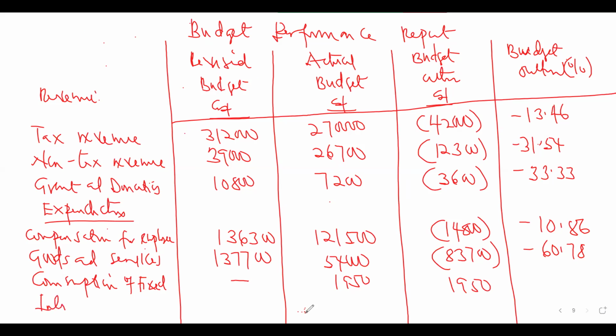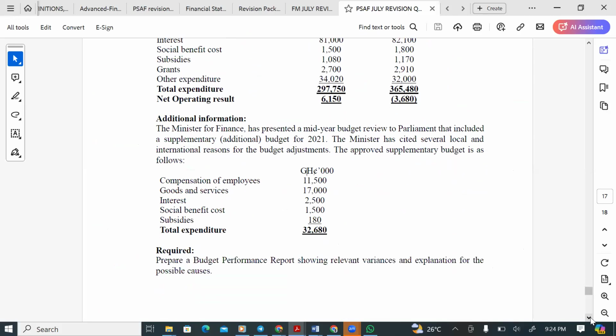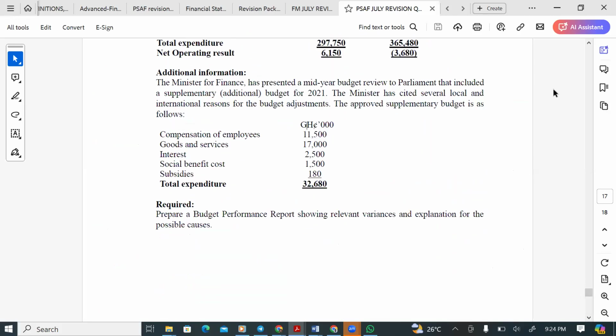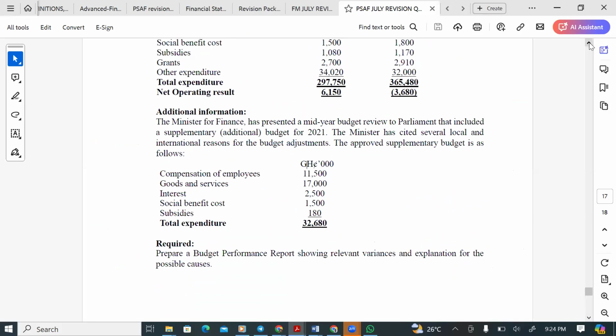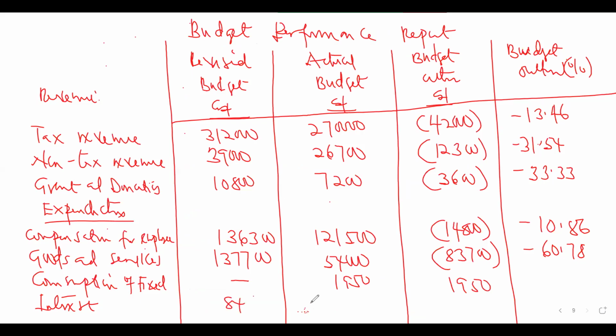So we have the interest here. What will be the revised for the interest? 84,600. The supplementary is 2,500. So we have 84,600 against what? 81,000.